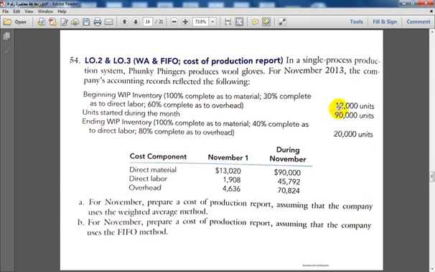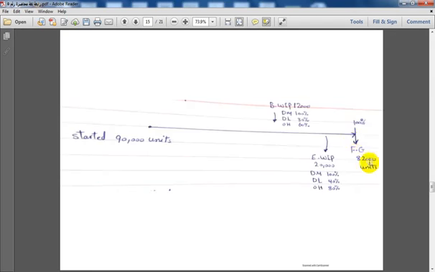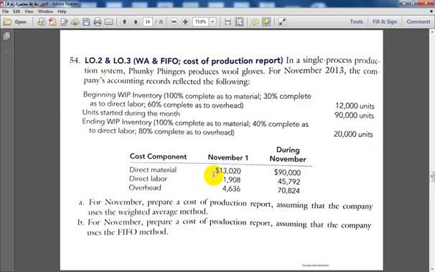So 102,000 minus 20,000 equal 82,000 units. Required A and B. Required A, you can use the weighted average method, and required B, you must use the first in, first out method, or FIFO method. This exercise is an assignment.